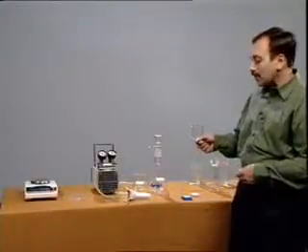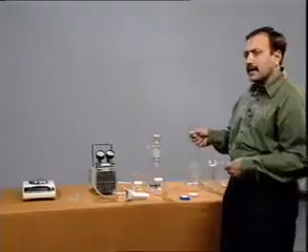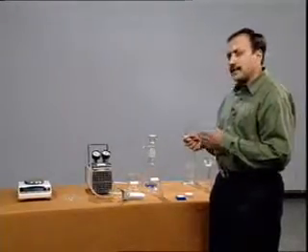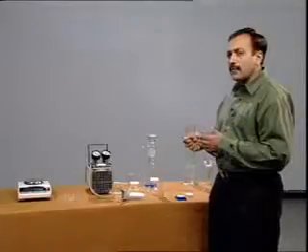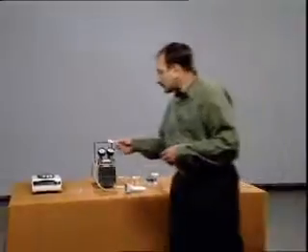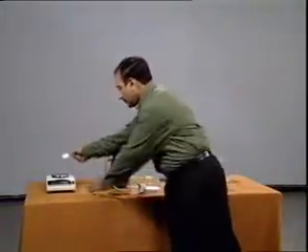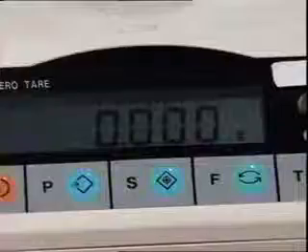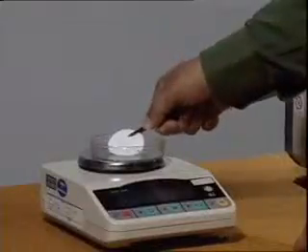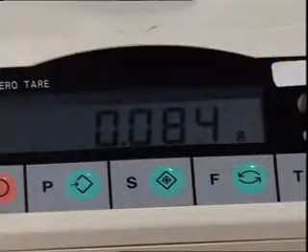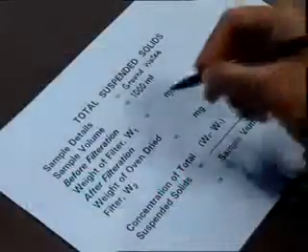First we shall note down its initial weight. The filter should be dry. If it is not dried, then we may put it into the oven for some time and get it dried. So, measure the initial weight and record the value.